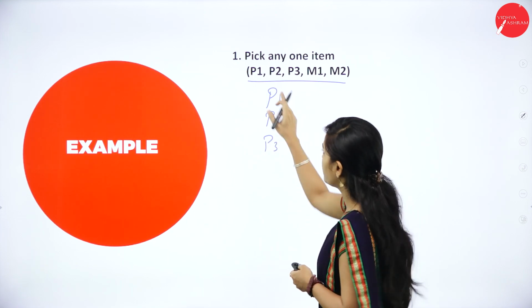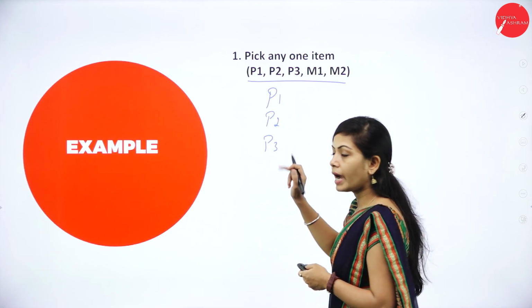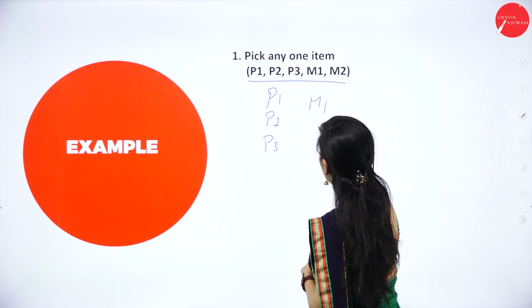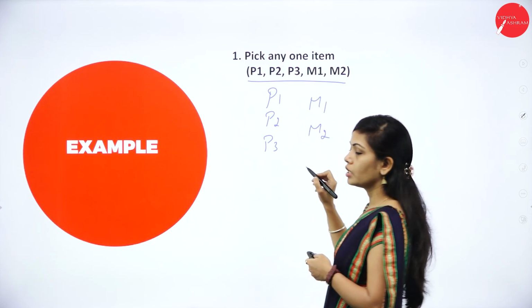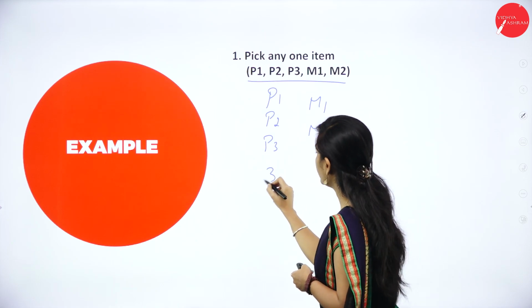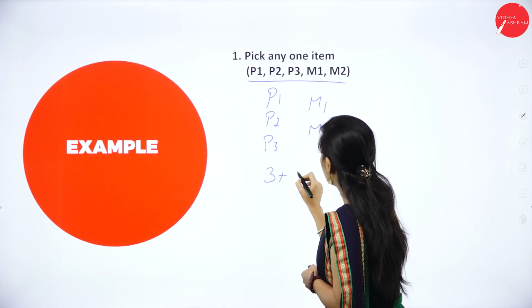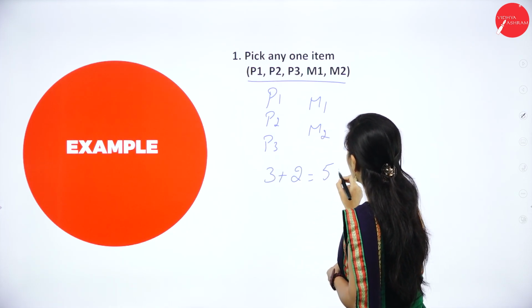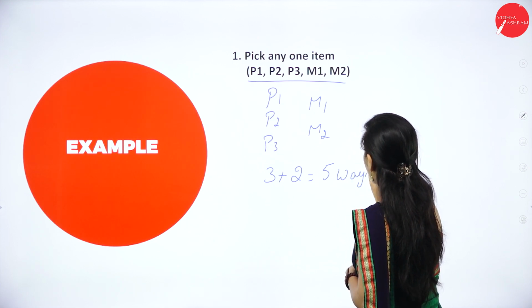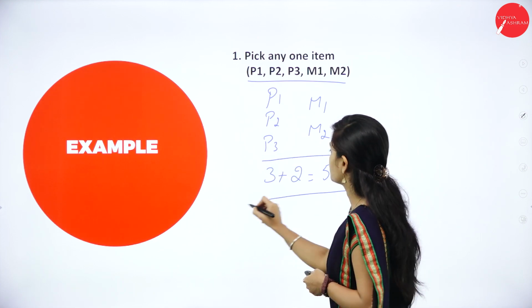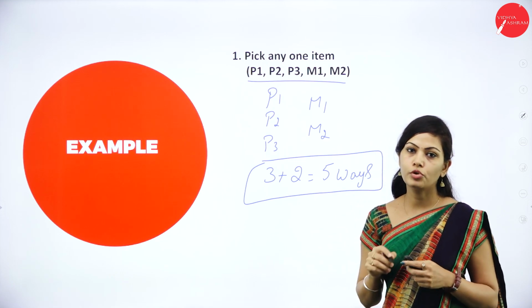And also I can pick M1 and M2. So totally 3 plus 2 is equal to 5 ways I can pick the items. This is called sum rule.